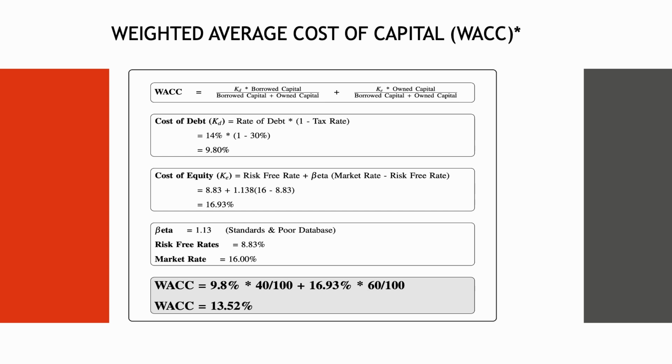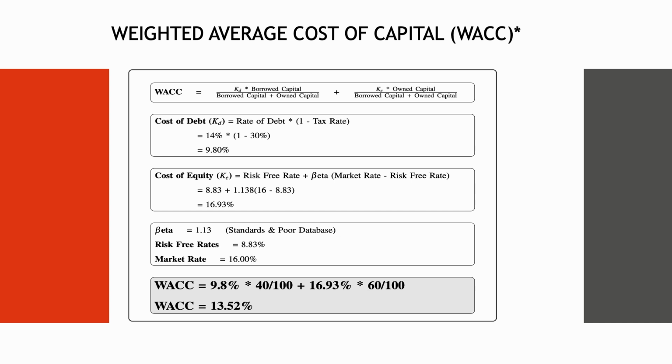Now, the first step is to calculate KD because you know all of the other variables here. How do you calculate KD? KD, or the cost of debt, is equal to the rate of debt multiplied by, in brackets, 1 minus the tax rate. Right?